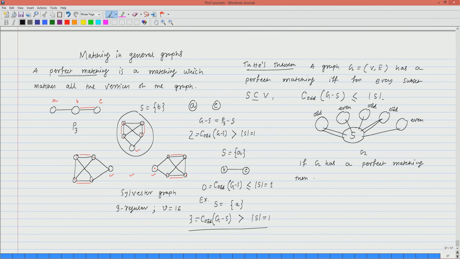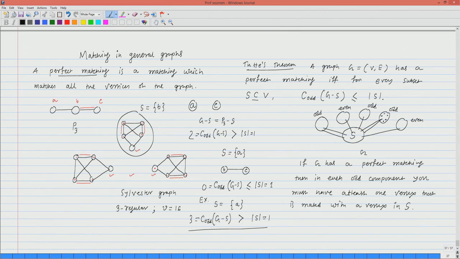Then in each odd component you must have at least one vertex that is matched with a vertex in S. This has to be true because this component has odd number of vertices.